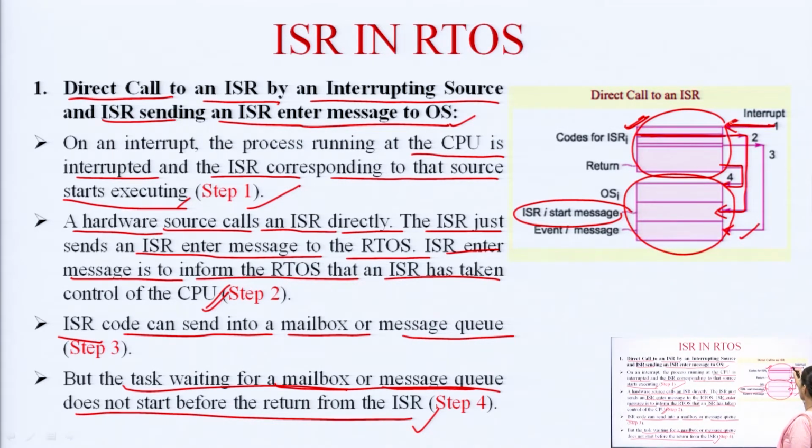Now, at the first step when the interrupt arrives, the code of the ISR starts executing and it sends the ISR start message to the operating system. After this, the ISR code will be sent into the mailbox or the message queues in the third step, and the fourth step is that as soon as there is a return from the ISR, that is the execution of the interrupt service routine gets over, the task waiting for the mailbox or the message queues will be operated.